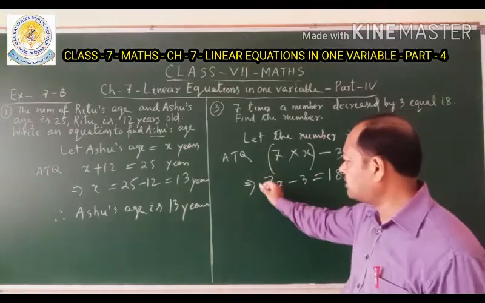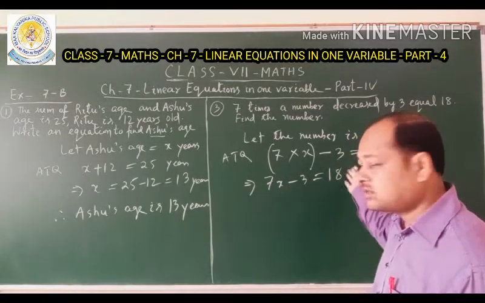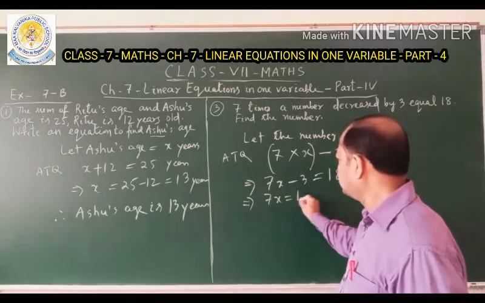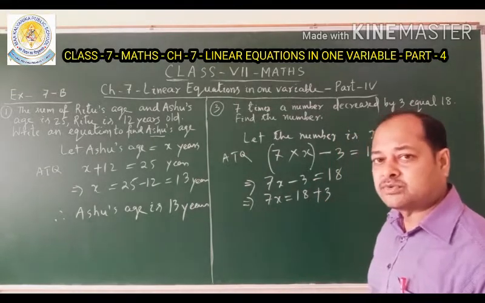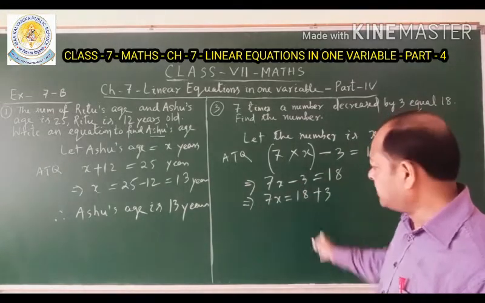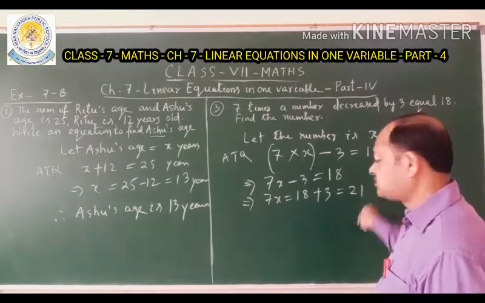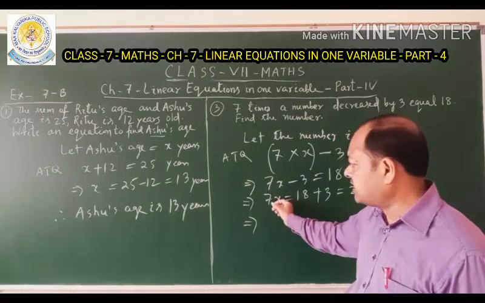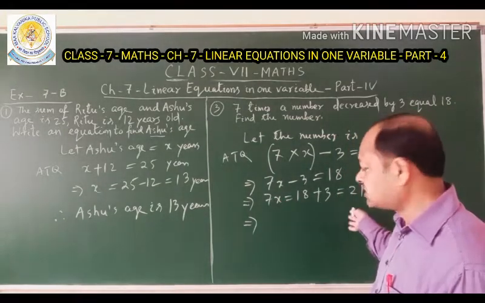Here you have to find the x value. First transpose the minus 3 to the other side: 7x equals 18 plus 3. Minus 3 transposed goes to the right-hand side and becomes positive. 18 plus 3 is 21. Now 7 is multiplied with x, so 7 is transposed to the other side and it becomes division.